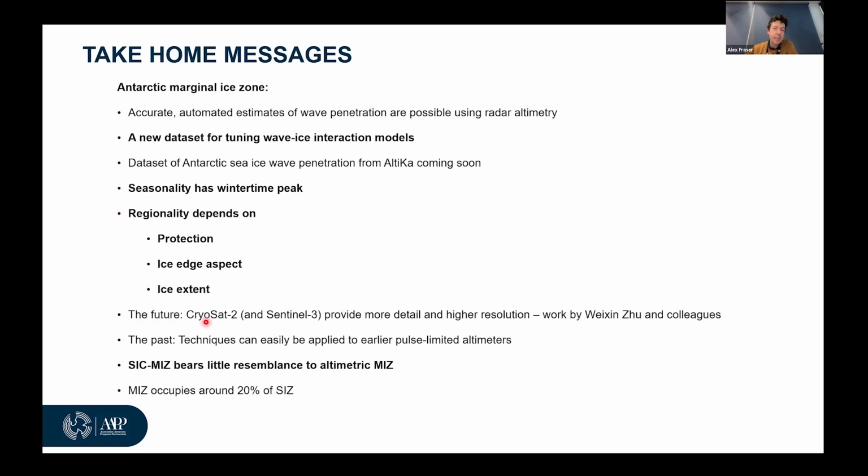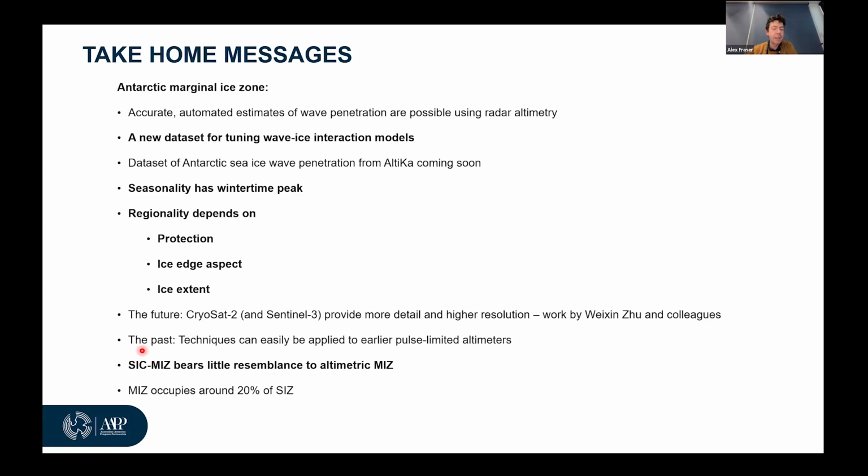In the future, CryoSat-2 and Sentinel-3 will give us even higher resolution than what Altica has been able to, and work by Weixin Zhu and Ximing Zhu, published in The Cryosphere, but also rolling it out to Antarctica in the near future, will really push this game forward.